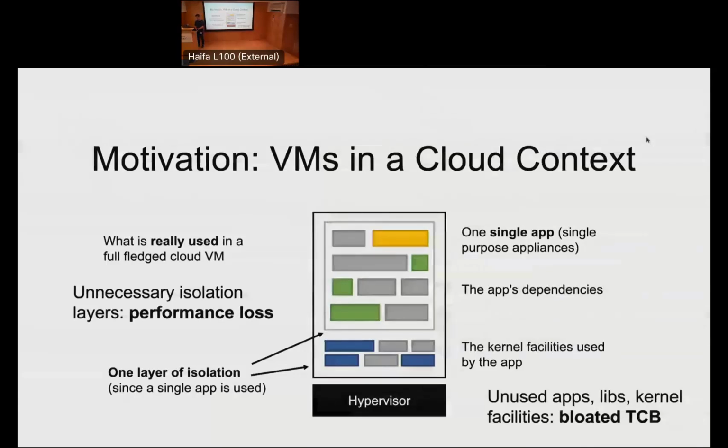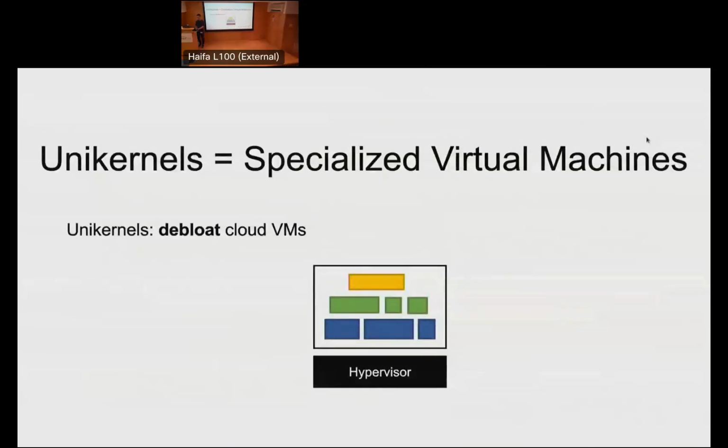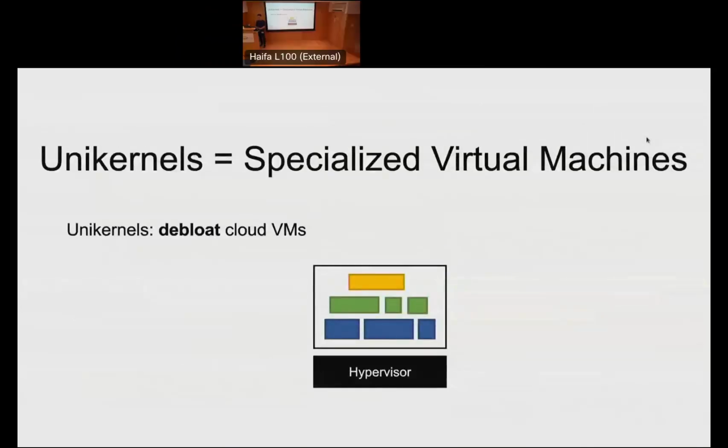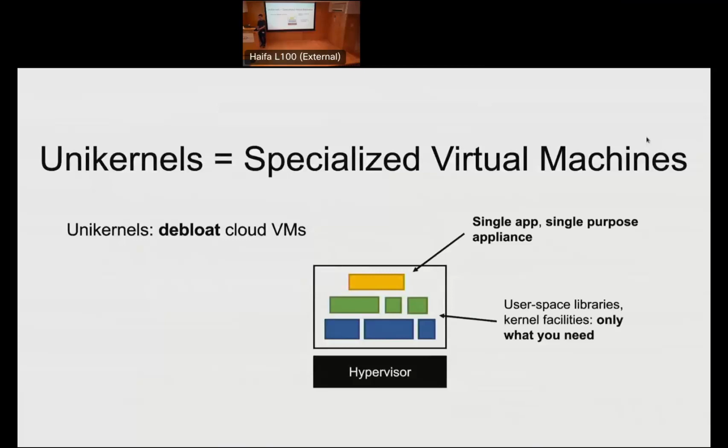The goal of unikernels is precisely to address these issues that I just mentioned. Unikernels are single application, single purpose appliances. They contain only what you need in terms of user space libraries, kernel facilities, etc. And everything runs in kernel mode. And that's fine because there's only one tenant and only one application in this VM.